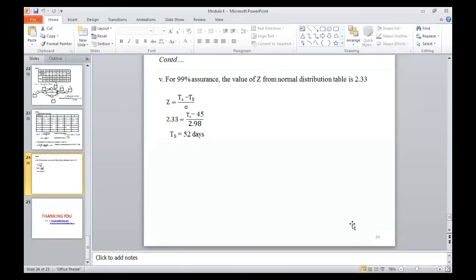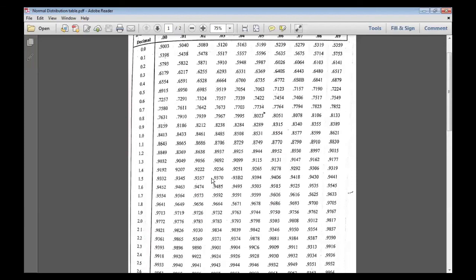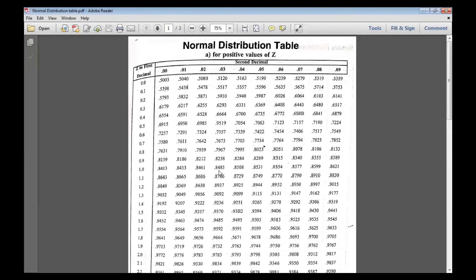From the normal distribution table, you will get the Z value as 2.33. Please go to this normal distribution table. Here the Z value is positive for 99%.